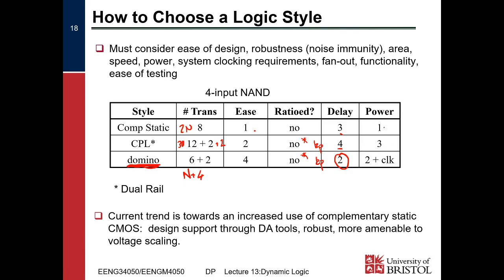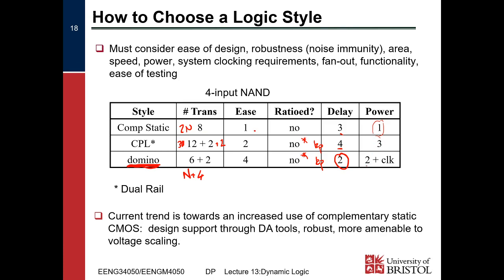As for power, your complementary CMOS is generally the best in terms of power. Complementary pass logic is particularly bad because it's got a lot of transistors present, but if you go to pass transistor logic, that's very similar to complementary static logic.